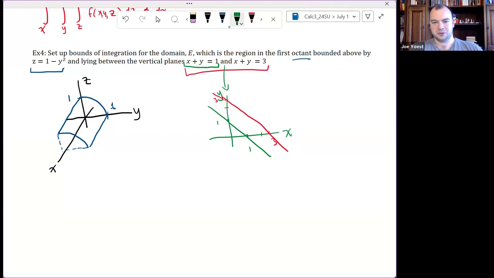So x plus y equals 1 goes through x equals 0, y equals 1, and comes down to x equals 1, y equals 0. That little green two-dimensional structure looks a little bit like a cross section of the thing that's going along the x-axis, but it's angled at 45 degrees.